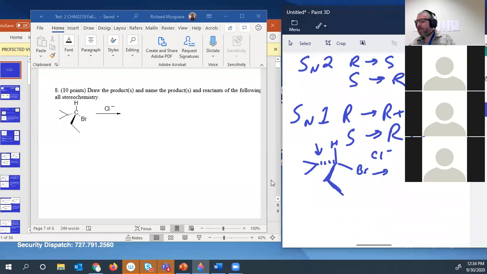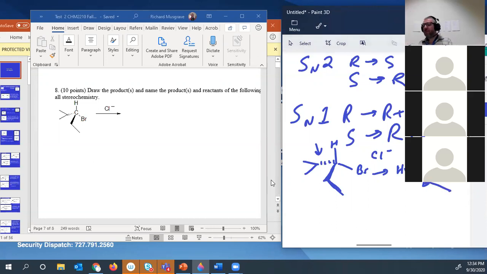But then I'll be in a position to be able to get the stereochemistry of that product. Of course, the other thing I'm going to do is replace the Br with the Cl. So that's what I'm going to do right now. I'm going to do two things. I'm going to put the H into the back, and I'm going to put the group that was in the back where the H was. I'm going to replace the Br with the Cl, and the other one's going to remain the same.